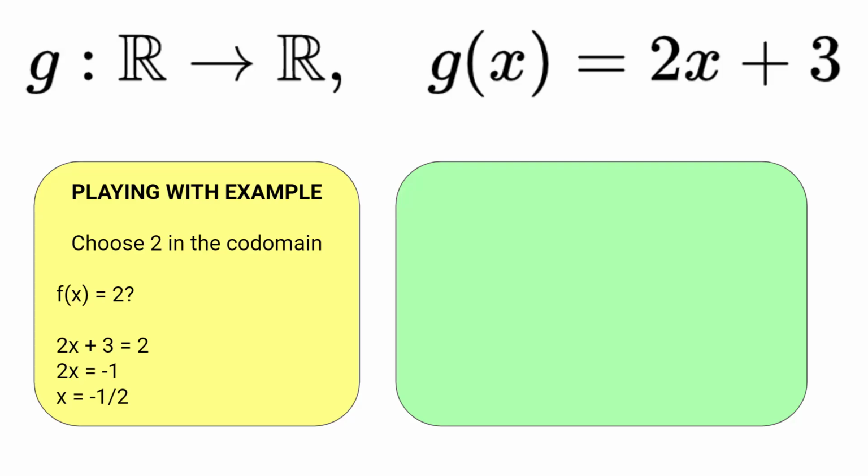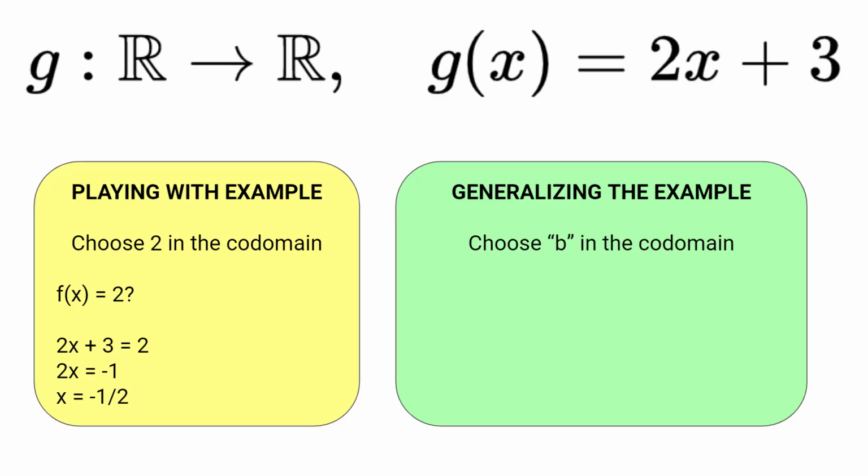Now that's just one example, and so it's not a convincing explanation, but I think I can use this example to make a convincing explanation that does not have any specific values used. Pick any point out of the codomain, and just call it b. Can I find a point that maps to b? Well, it would have to be a real number, x, out of the domain, such that g of x equals b.